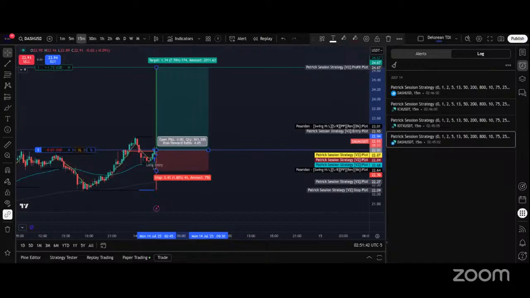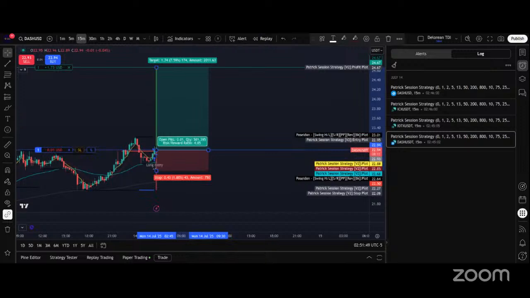Oops. All right, this is going to be Dash versus Tether, DASH. It's going to be a 4.05 risk to reward ratio. Take profit is $24.67.